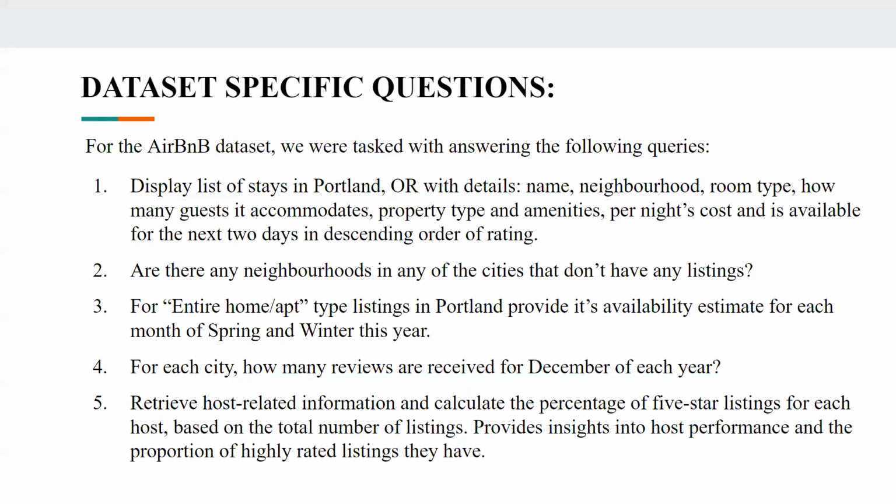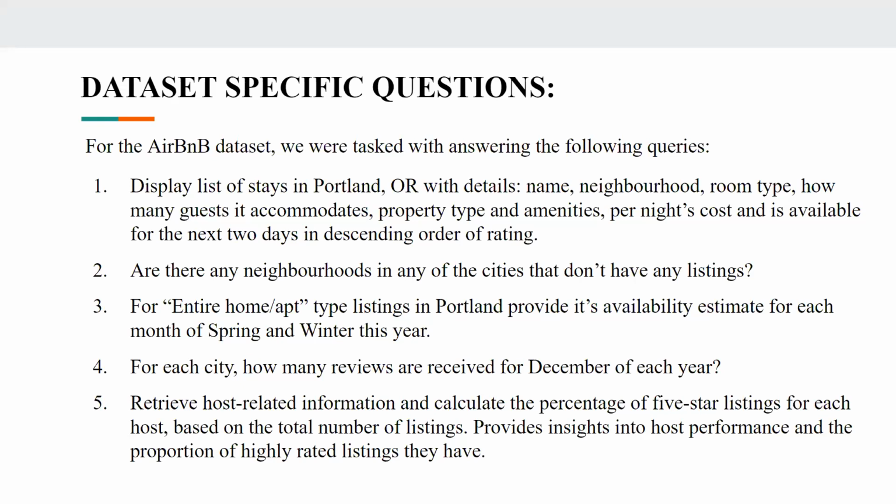For the Airbnb dataset, we are tasked with answering the following queries. Since we are a group of 3, we are supposed to do around 5 queries. Our first question is to display a list of stays in Portland with details including name, neighborhood, room type, how many guests it accommodates, property type and amenities, per night cost, and whether it's available for the next 2 days, in descending order of rating. Our second question was, are there any neighborhoods in the cities that don't have any listings?